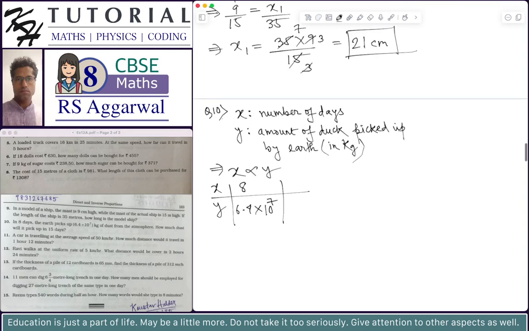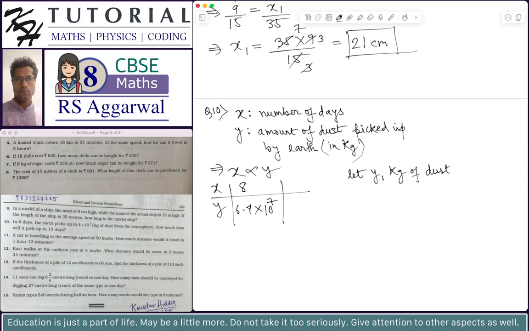So we assume let y1 kilogram of dust be the amount of dust. I've written dark, sorry, dust.